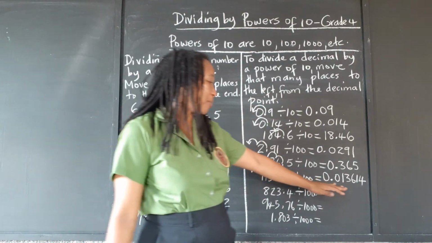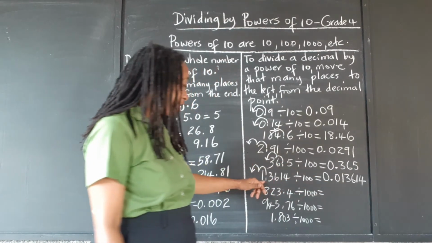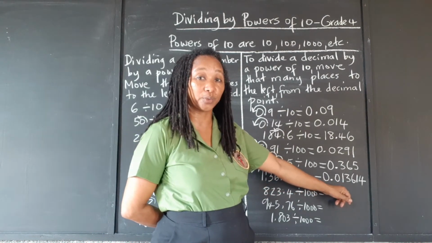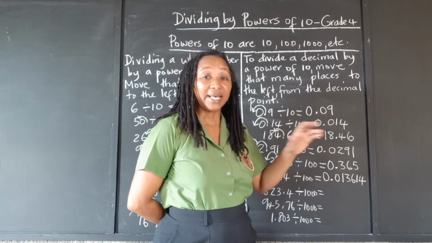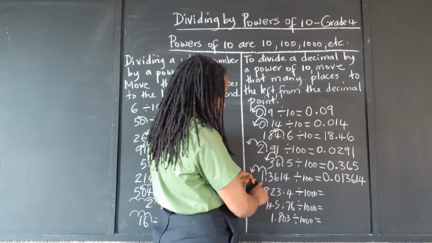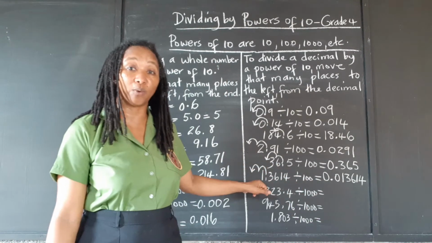This has more digits than the original number that we started with, but this is the smaller number of the two. Yes, it has more digits, but look in the ones place, we have a 1. We don't have any 1 here. We have a 0 in the whole number place, in the ones place.